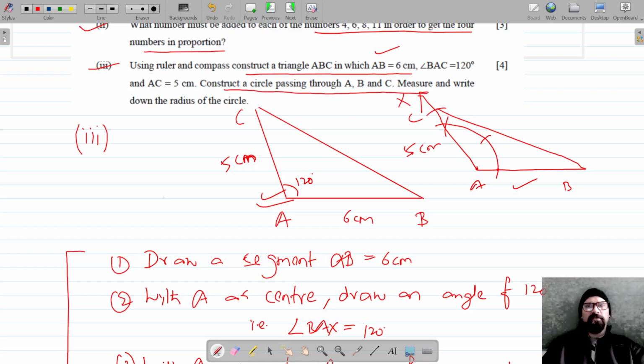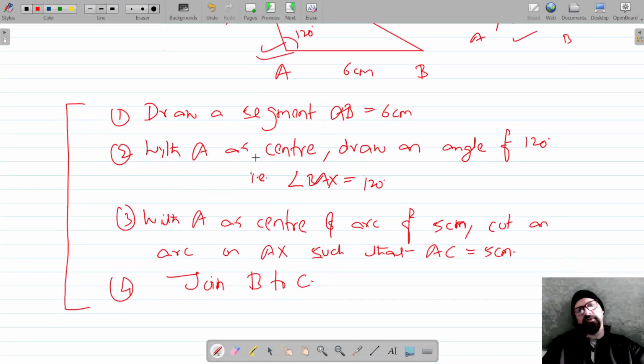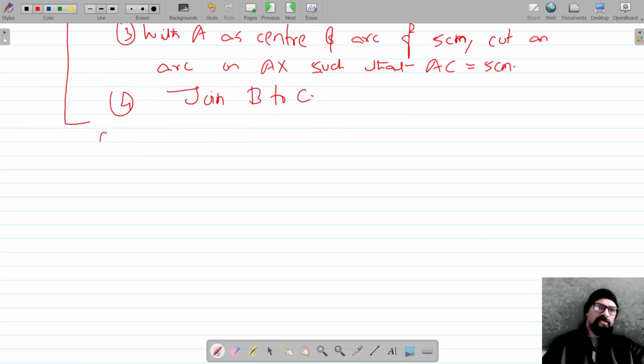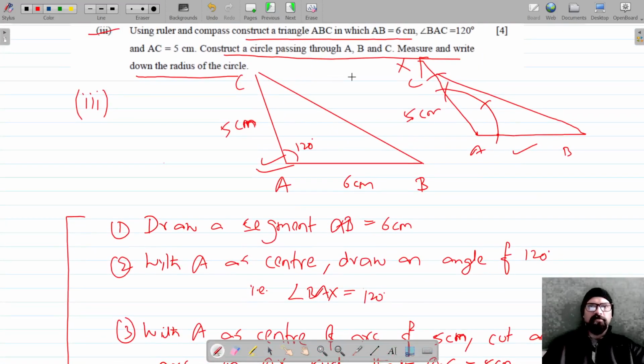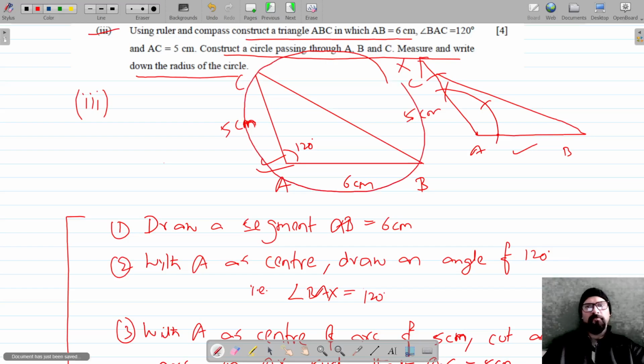Now we have to construct a circle passing through A, B, and C and measure and write down the radius of the circle. So to construct the circumcircle, that is, a circle passing through A, B, and C, we can draw the perpendicular bisectors.